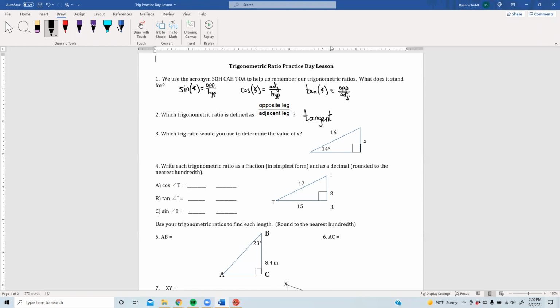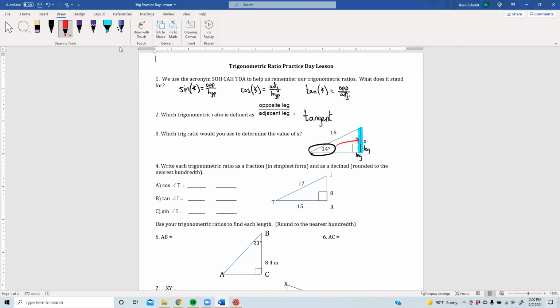Okay, number 3, which trig ratio would we use to determine the value of x? So here it's just asking for which trig ratio. We don't have to solve it, but we're going to start it as if we were. So let's say we wanted to actually find x. That's that side. Make sure to label your legs. And then circle the angle they give you. So how is the x related to the angle they give us?